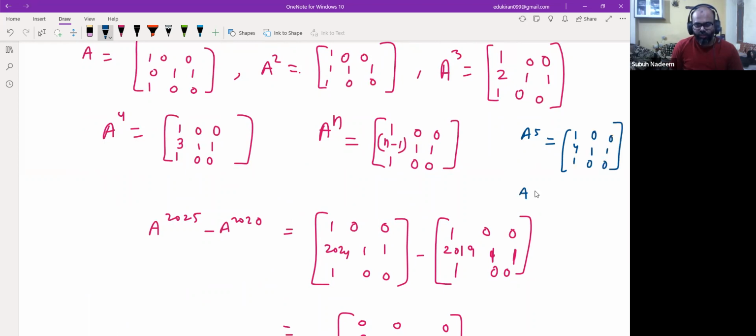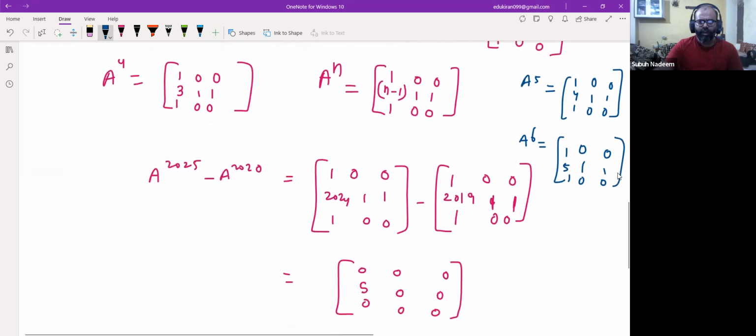A to the power 6 will be 1 5 1, 0 1 0, 0 1 0. So these are not the values. Clearly a to the power 2025 minus a to the power 2020 is not this value, because here everything is 0 except this term, which is 5.